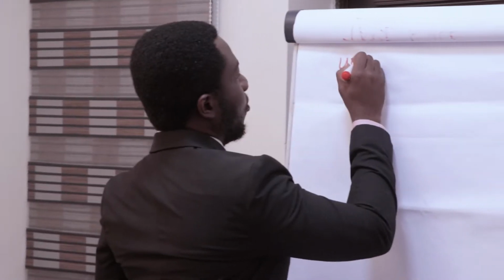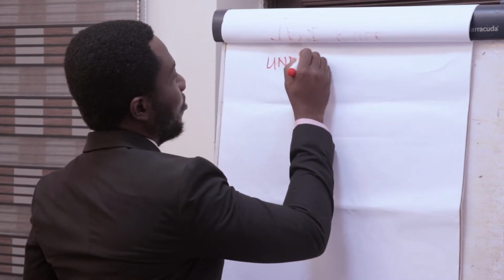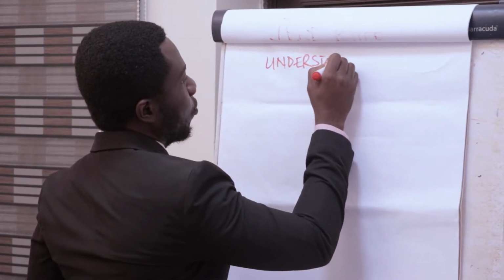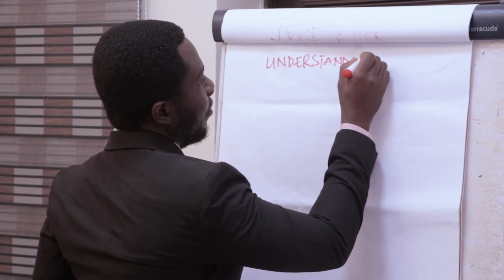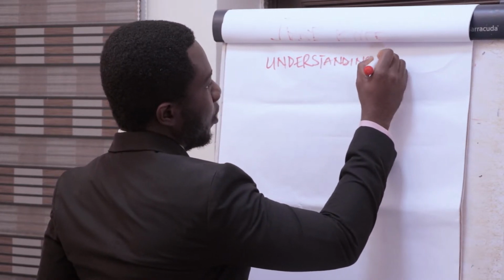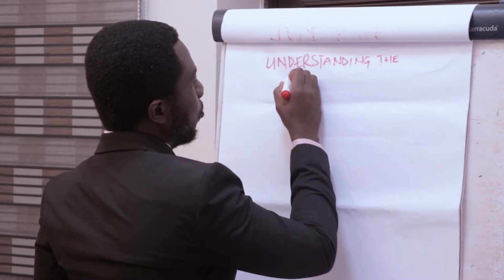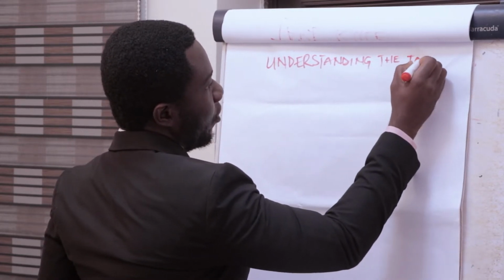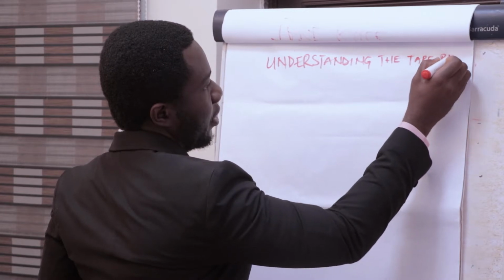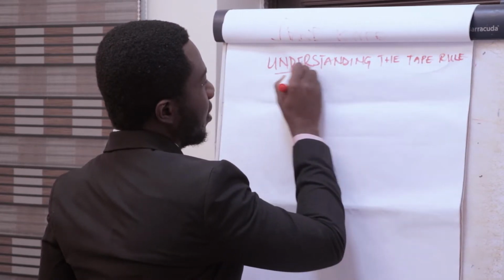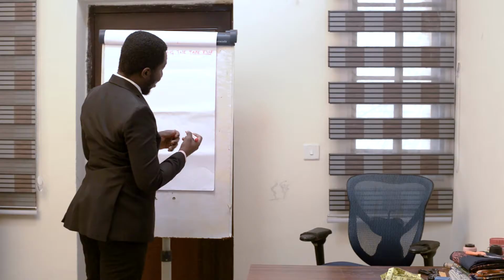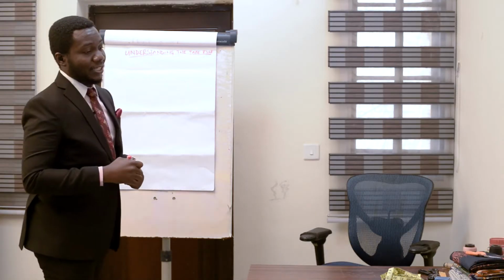All right, so understanding the tape rule. Why did I actually make this a heading on its own? Already I've given you the basics of a tape rule, and understanding how to use the tape rule is another very, very important thing. Basically, there are some rules in using a tape rule. Tape rule usage is all about mathematical calculations.